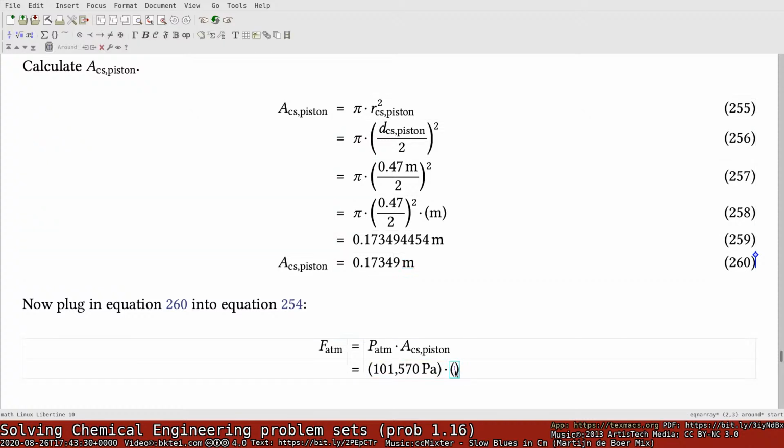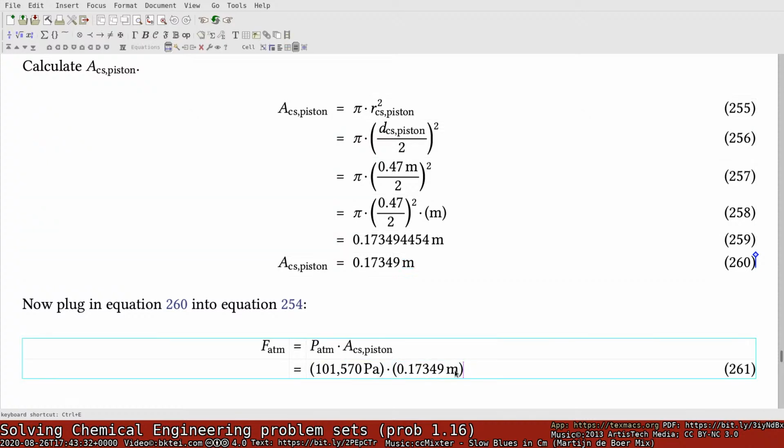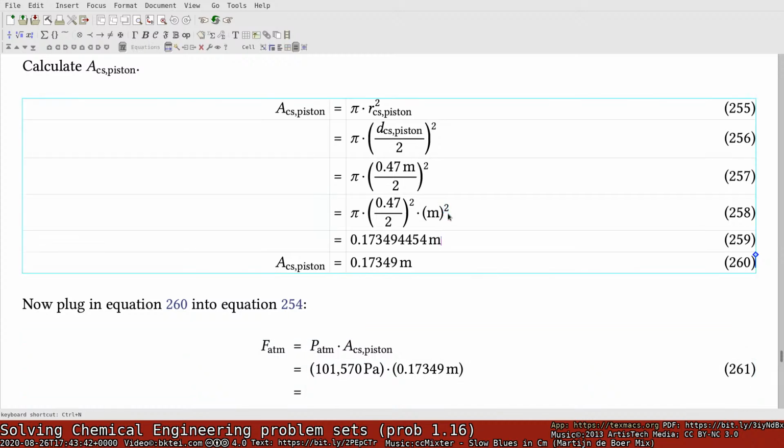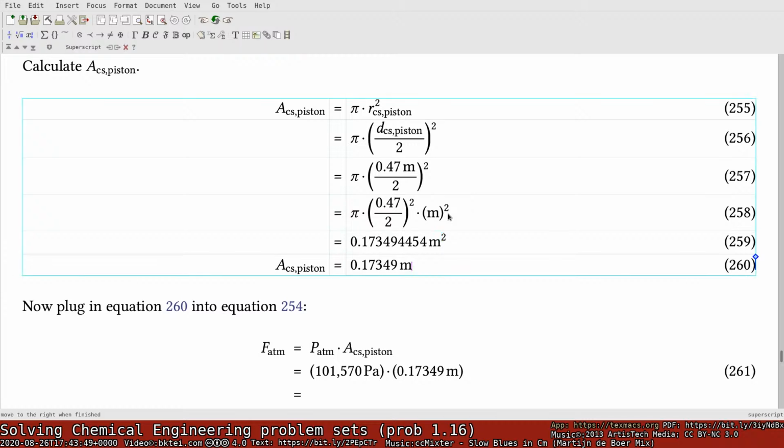Let's go in here, do that, give that a number. That's not right. There's supposed to be an area squared, isn't it? Oh, right. When we took the meter out of that value, that becomes meter squared. There we go. You get that right? Yeah.